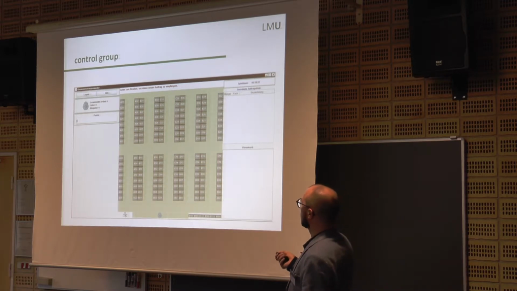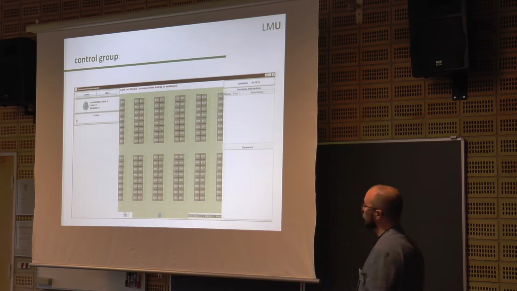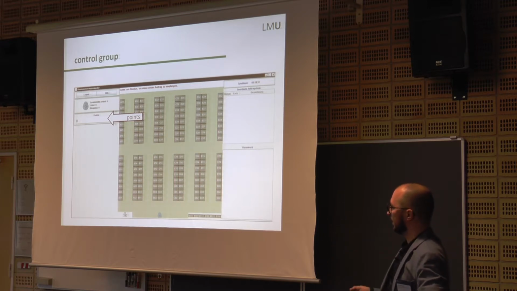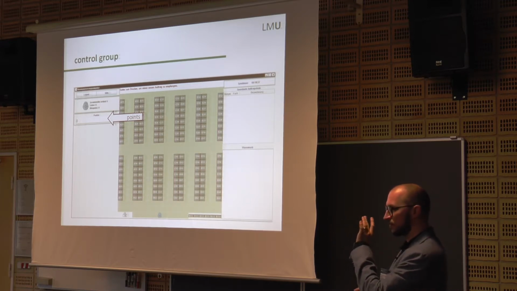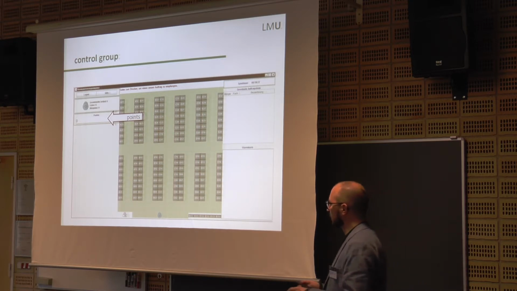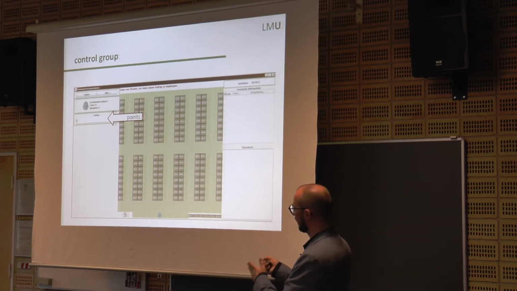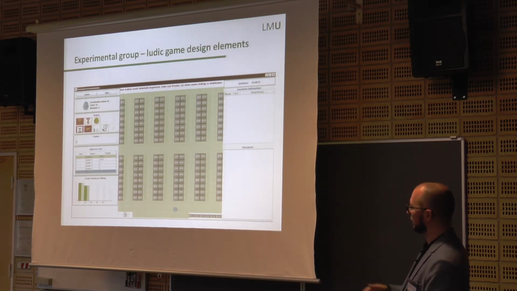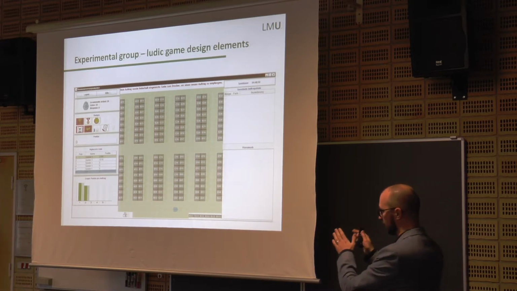Let's have a look at it. So here's the control group. You saw that before. They have only points available within their environment. Our manipulation is really straightforward, and you can compare the environments very well because they just add the different game design elements within the same user interface.